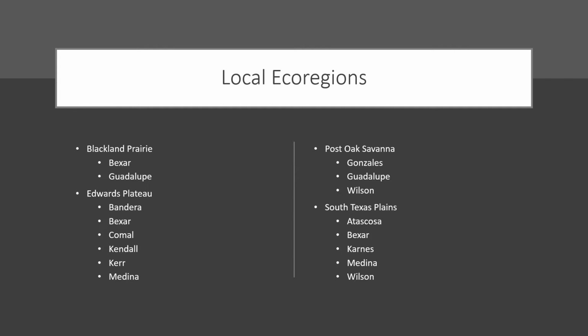So there's several ways for you to determine which ecoregion your property is within. You can use resources available from Texas Parks and Wildlife. Our website has maps and other things that will help you determine which ecoregion you're in. You can also use the Natural Resource Conservation Service website with the Web Soil Survey.